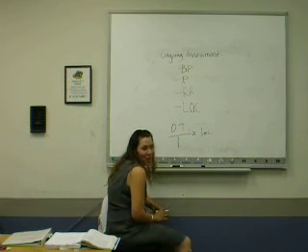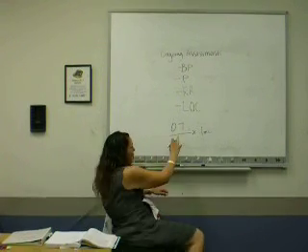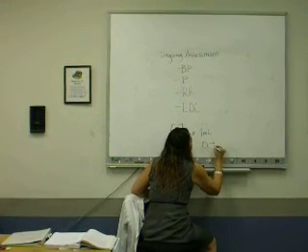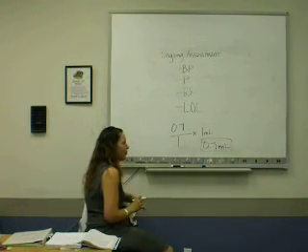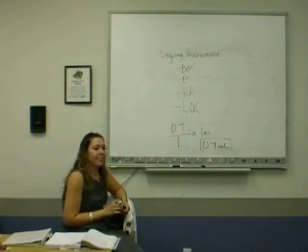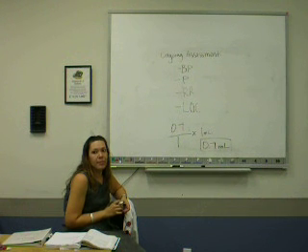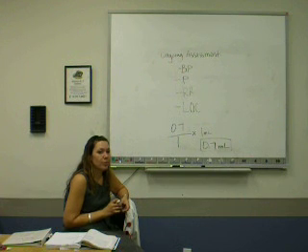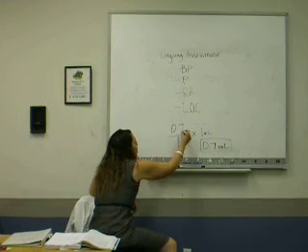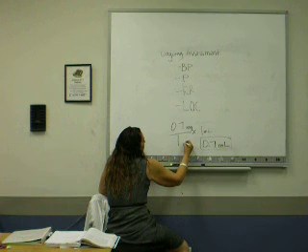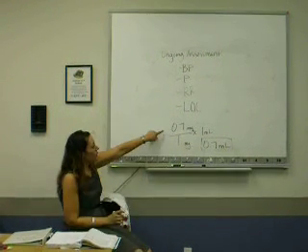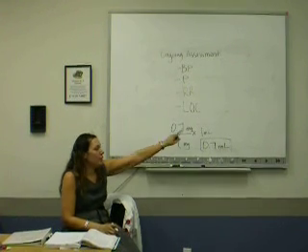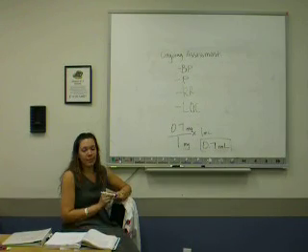Yes, that's the answer. We are going to administer 0.7 ml. D over H times Q. So, the doctor ordered 0.7 milligrams. Available is 1 milligram per 1 ml. So 0.7 divided by 1 times 1 equals 0.7.